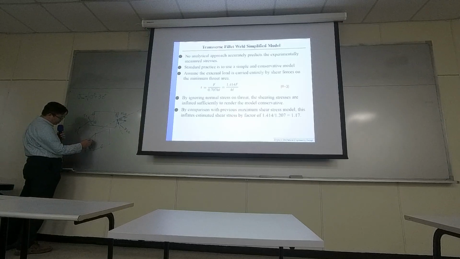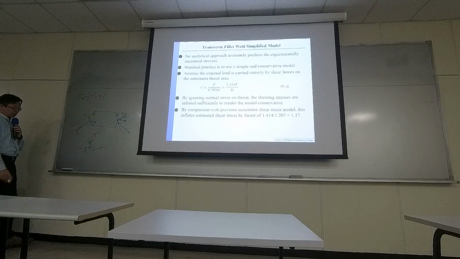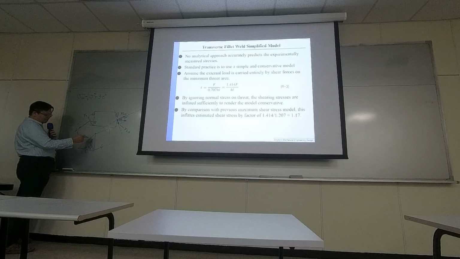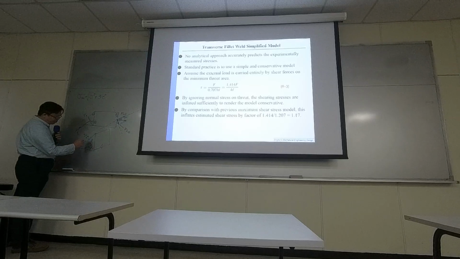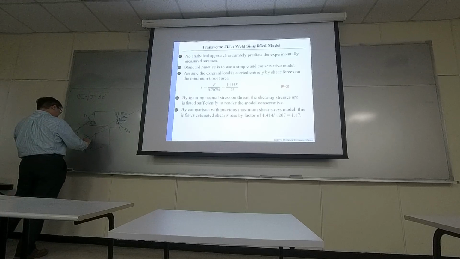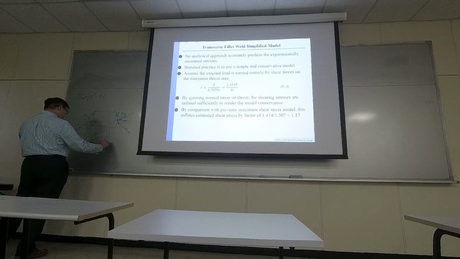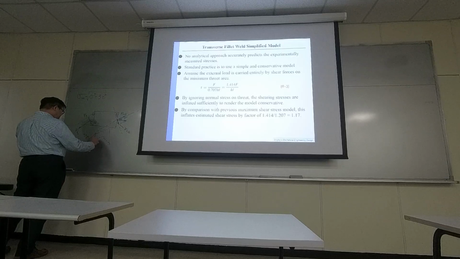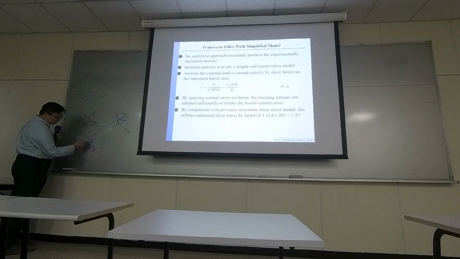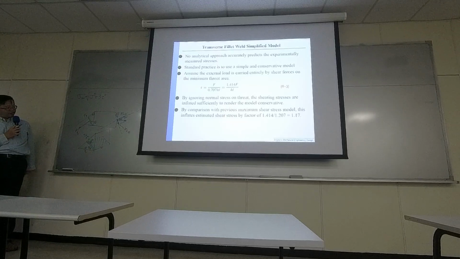It's gonna be h over square root of 2, right? So square root of 2 is 1.4 something, and 1 over square root of 2 is 0.7 something h. That's why if you study the 45 degree, the cross section looks like this. Okay. So we only study the stress area right at the 45 degree.